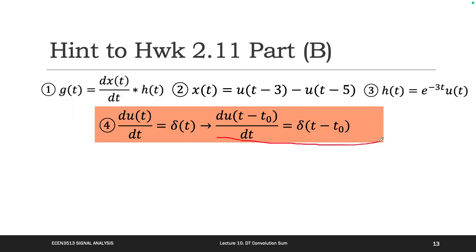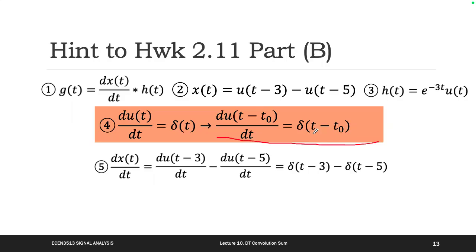We can easily have this one because you just replace t with t minus t naught, am I right? So if we take the derivative of x(t), we can get this equation, am I right? Based on this one, we can easily get from this equation to here.